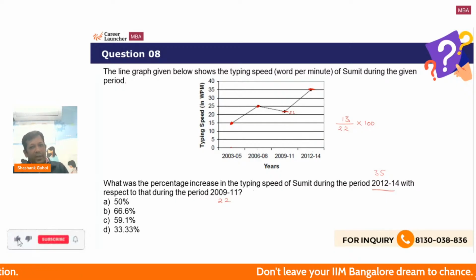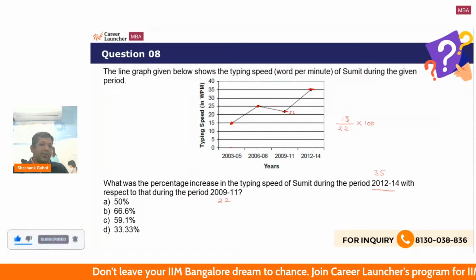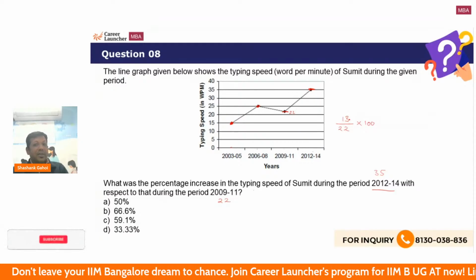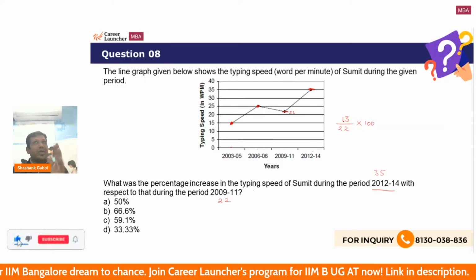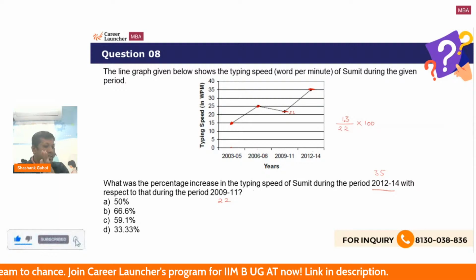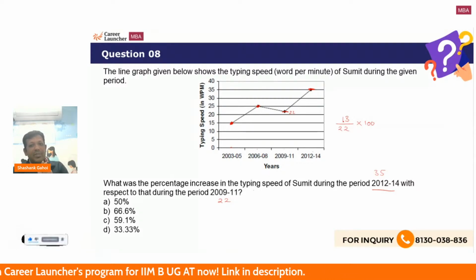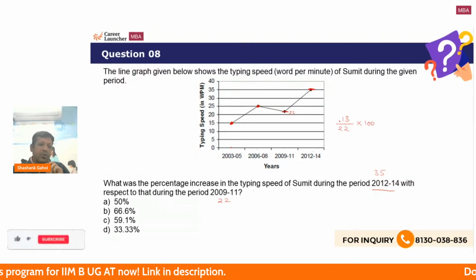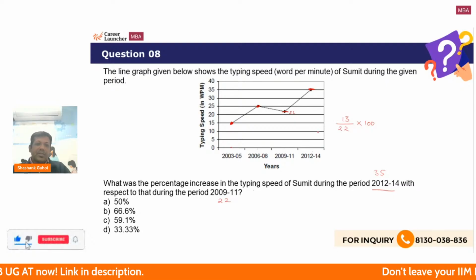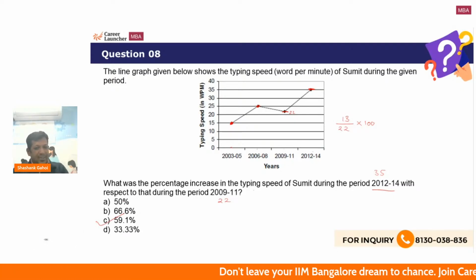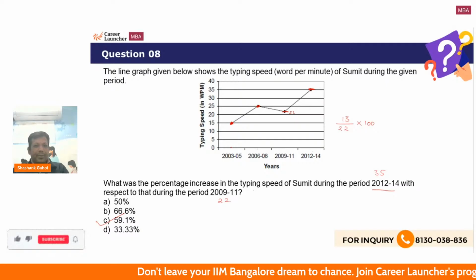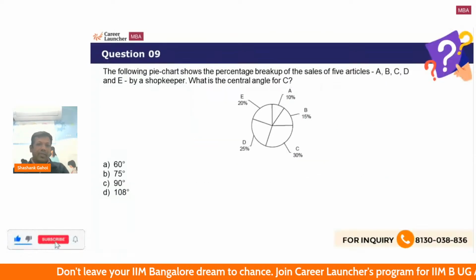Now, if this value would have been 11, this would have been 50%. If it is 13, it means the value is going to be tending to 60%. But will it be 60%? No. So it is going to be a little smaller than 60%, greater than 50%. So the answer of this question comes out to be option C. This one.